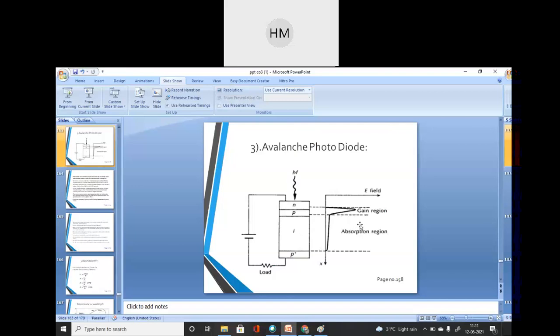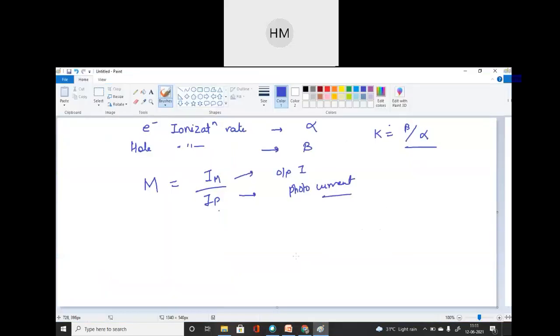So the minimum field required for impact ionization, this graph I will draw, so you will get it very easily. We have drawn such a graph, okay? So this we can mark as the minimum field required for impact ionization.